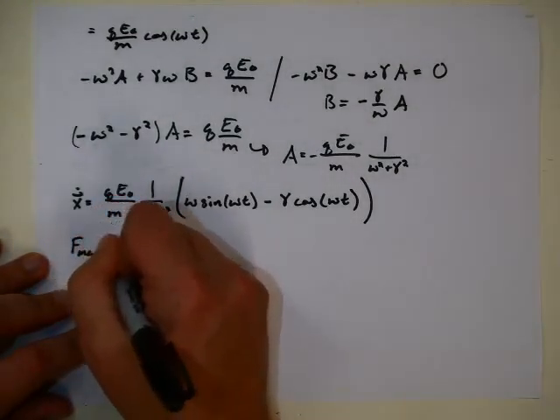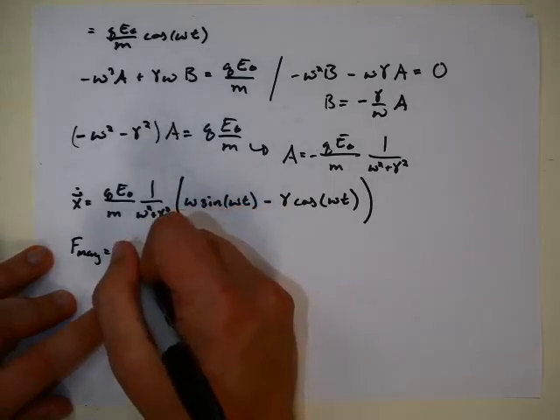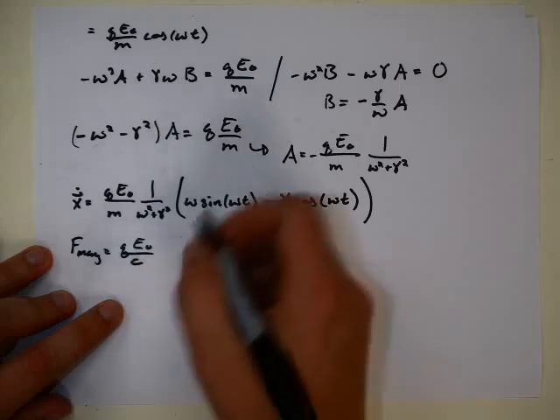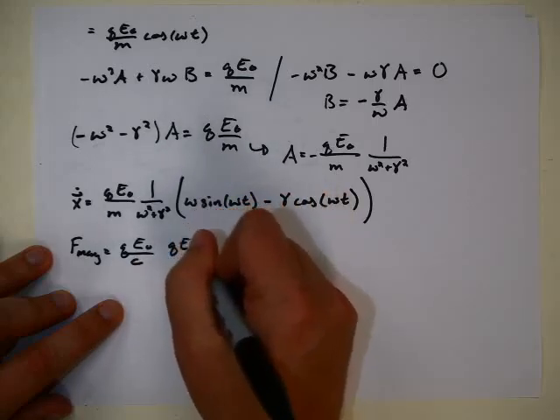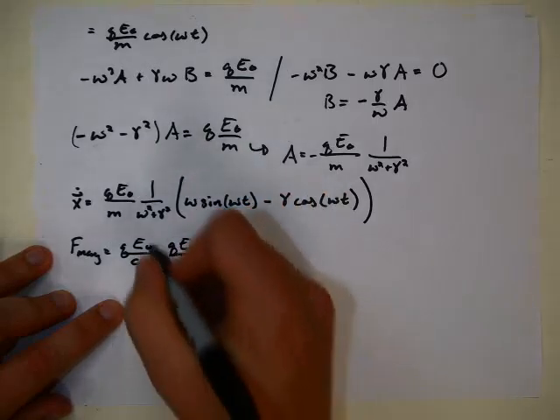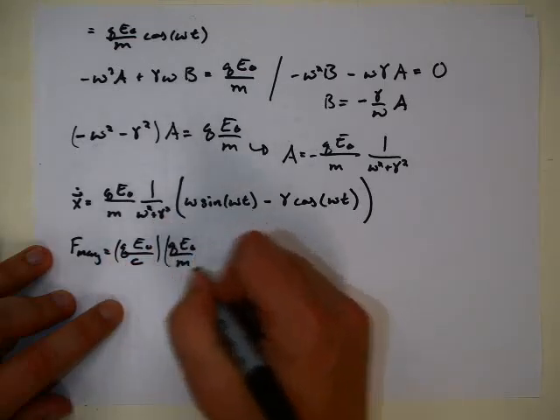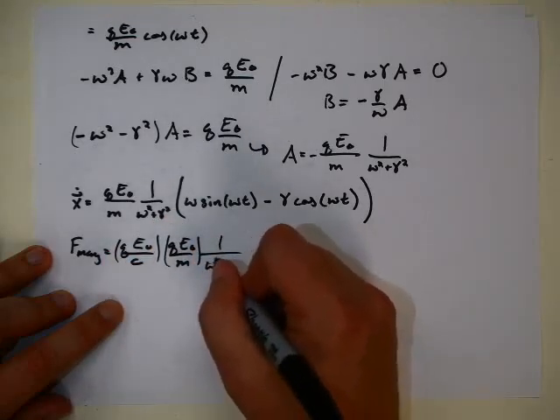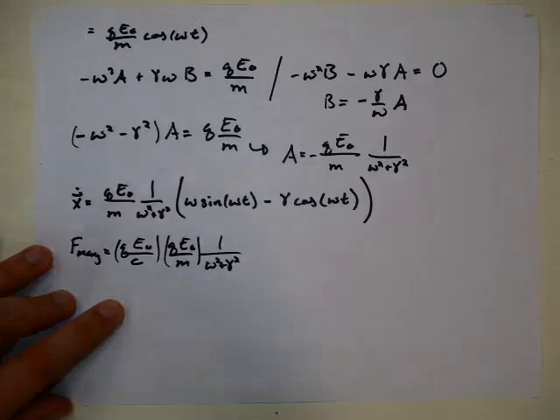The magnetic force is going to have our Q E0 over C, that's from the QB. And then we have Q E0 over M, that's from this term. We have a 1 over omega squared plus gamma squared.